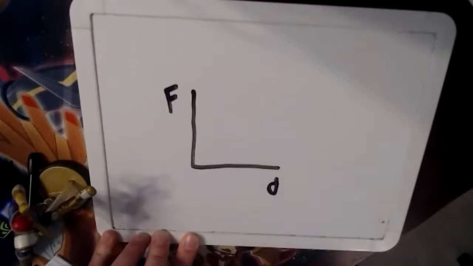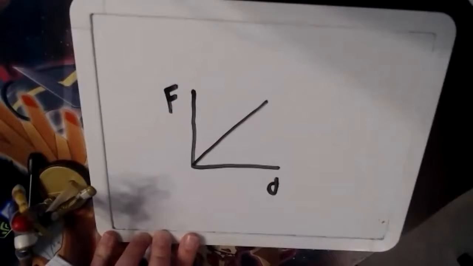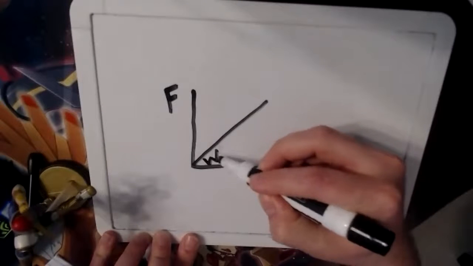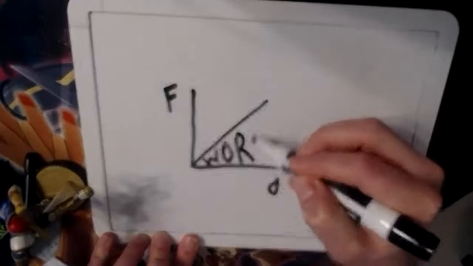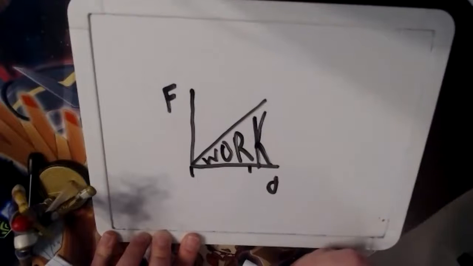occasionally, you might have yourself a situation where you have a non-constant force exerted over a distance, and the way you would find out the amount of work is the area underneath that curve. And using calculus principles, you can just integrate over whatever values you want on your horizontal axis.